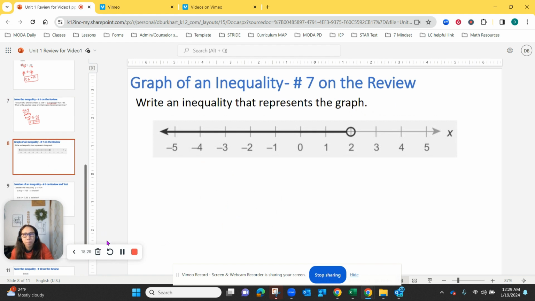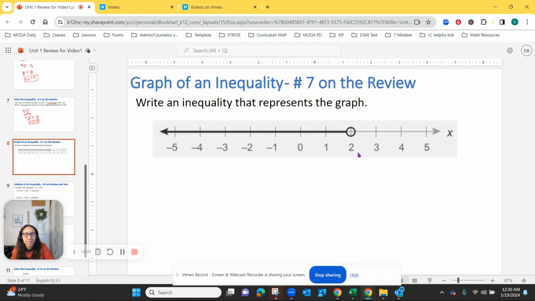Alright, so for number 8, for number 7, for some reason I was looking at slide number 8, but we are still on number 7. We have a graph of an inequality, and we are going to write an inequality that represents the graph.